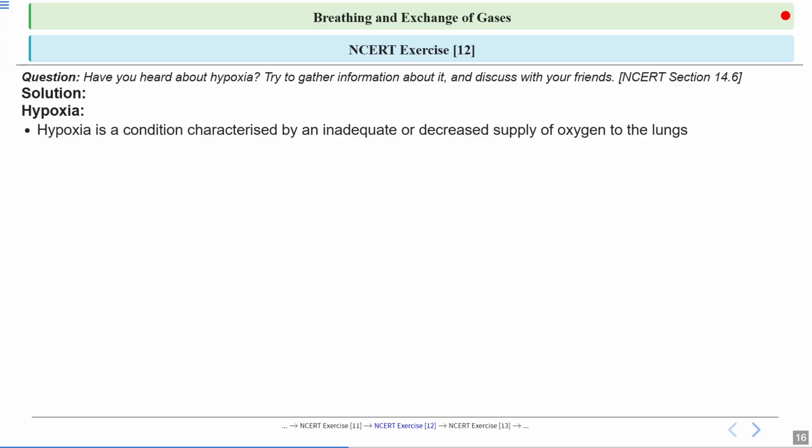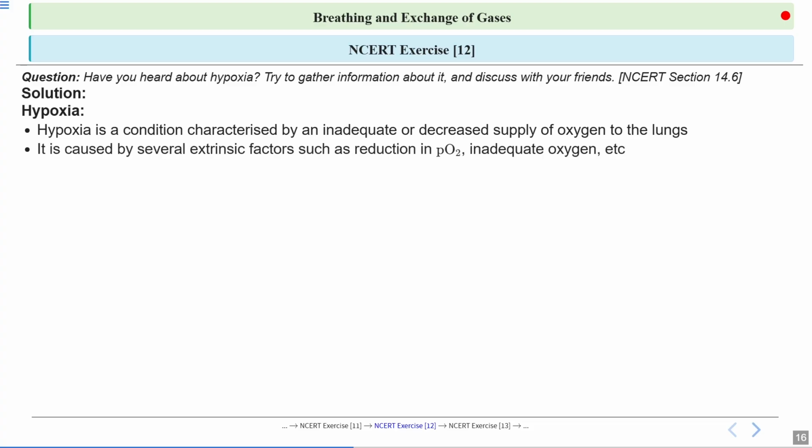It is caused by several extrinsic factors. Extrinsic factors mean factors from outside the body. It is not an intrinsic factor. If it is an intrinsic factor, then it arises from inside the body.